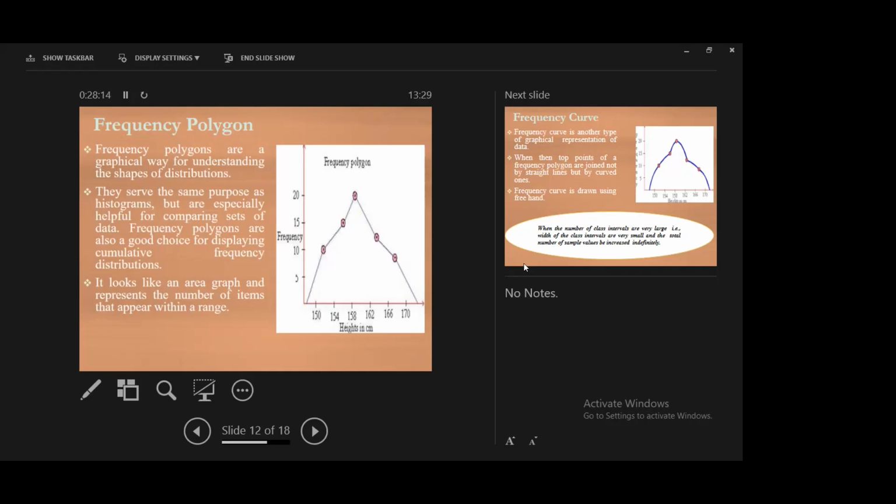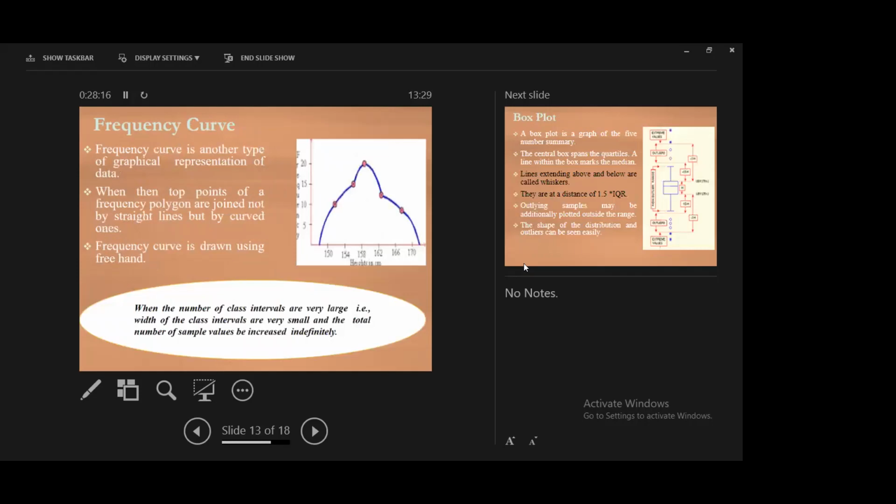One very important thing I would like to discuss with you is when to use a frequency curve and when to use a frequency polygon.